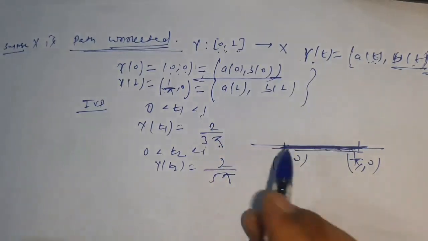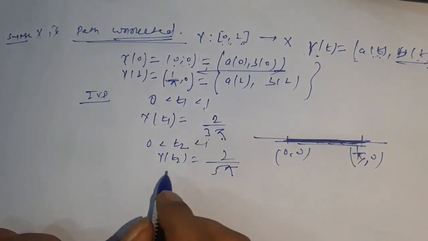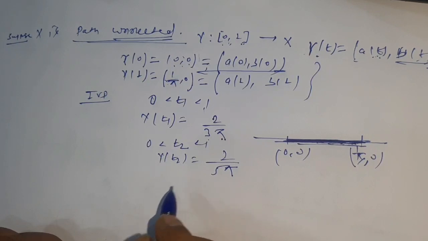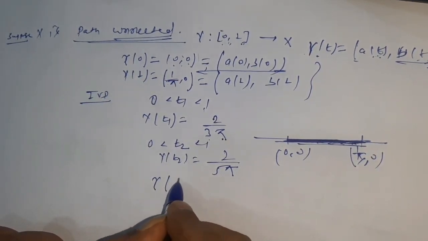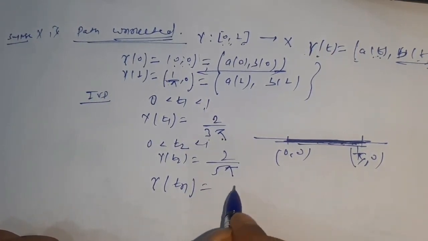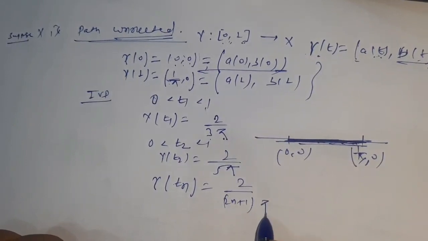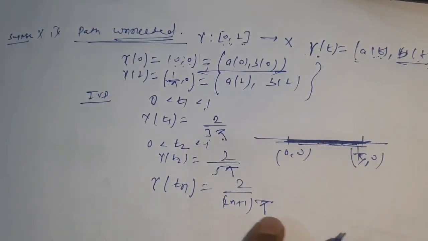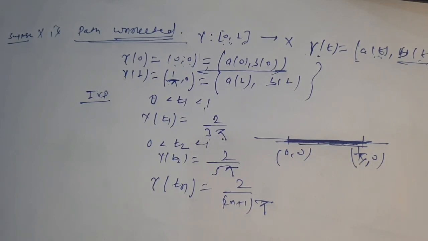Okay, this is the concept. So similarly, if you do the same, then you get one sequence, we can say that sequence gamma t1 as 2 upon 2n plus 1 pi. Okay, so gamma t1 is equal to 2 upon 2n plus 1 pi.